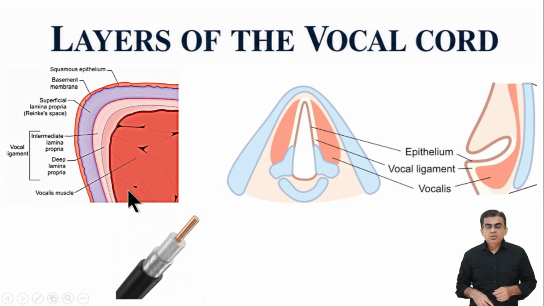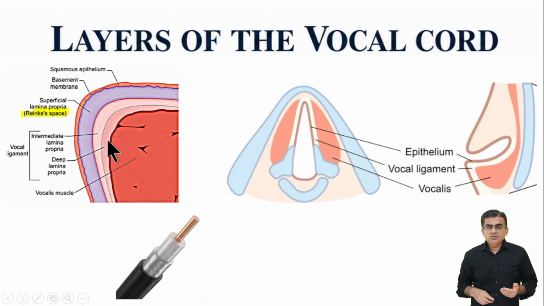First, look at the outermost surface on your screen. The brown colored layer is the squamous epithelium. Just below it lies a very thin basement membrane. Then we reach the lamina propria, which actually has three different layers. The first superficial layer is a jelly-like area, commonly known as Reinke's space. Below that are the intermediate and deep layers.